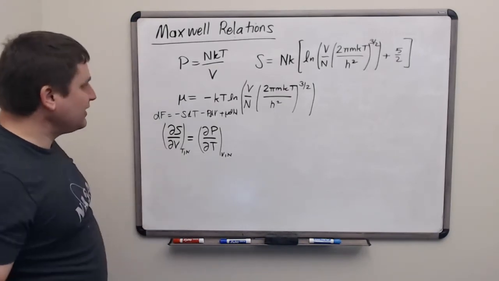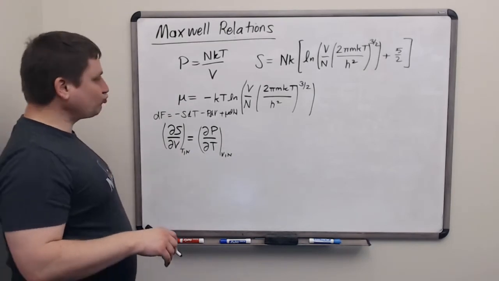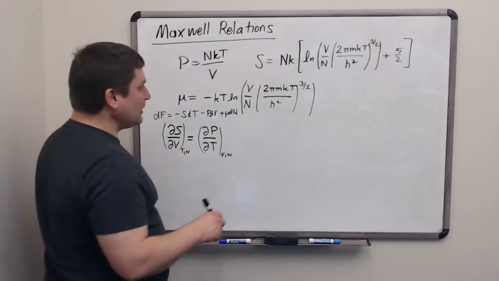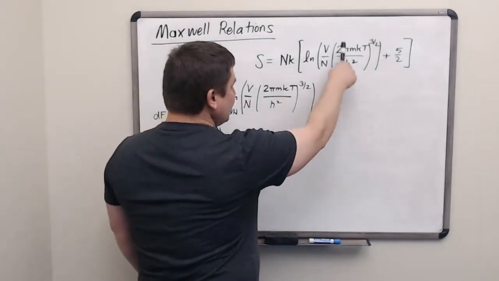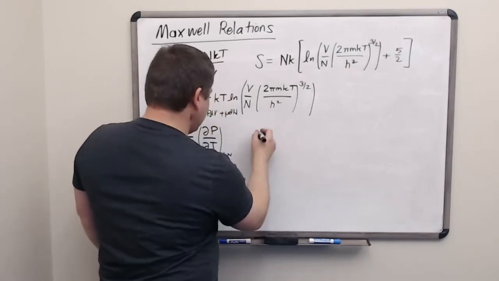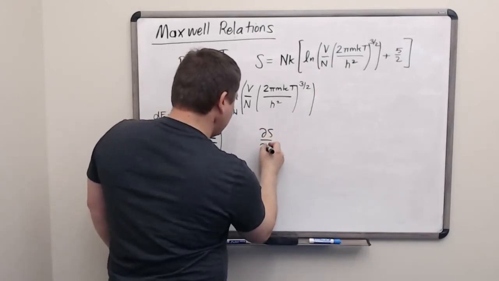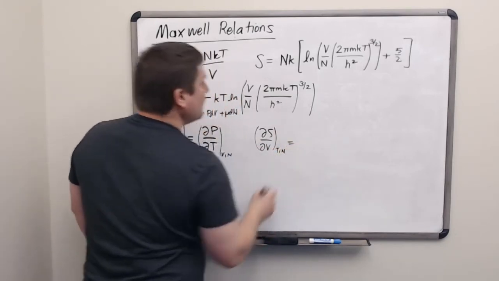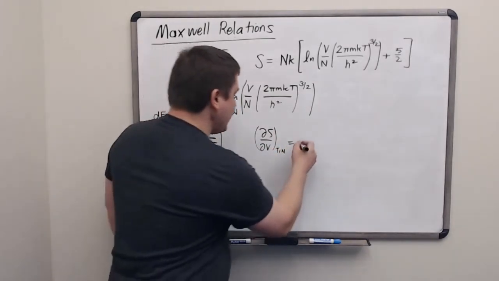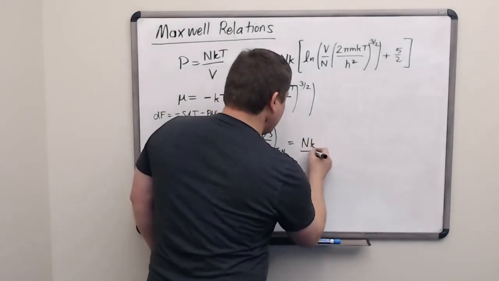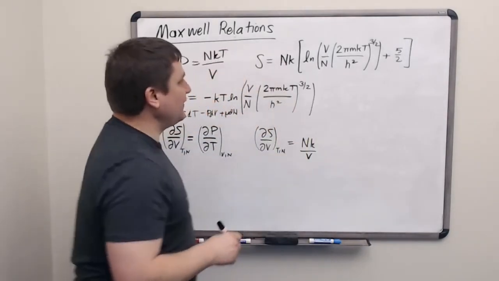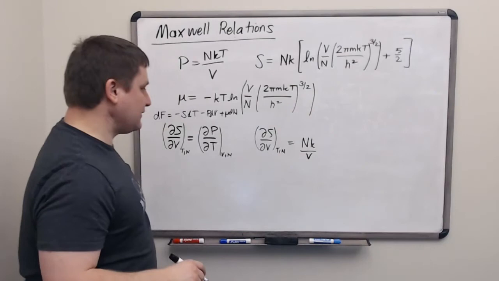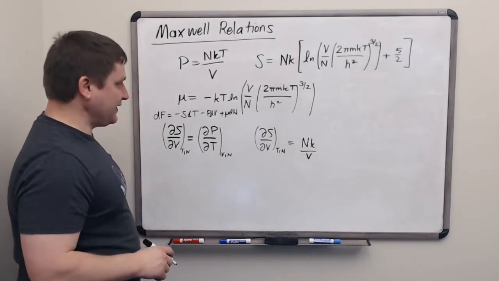Let's test this one, dS dV. Well, V appears inside the logarithm there, so that's going to be equal to Nk over V. All this other stuff is held constant, so it does not really do anything with the derivative.